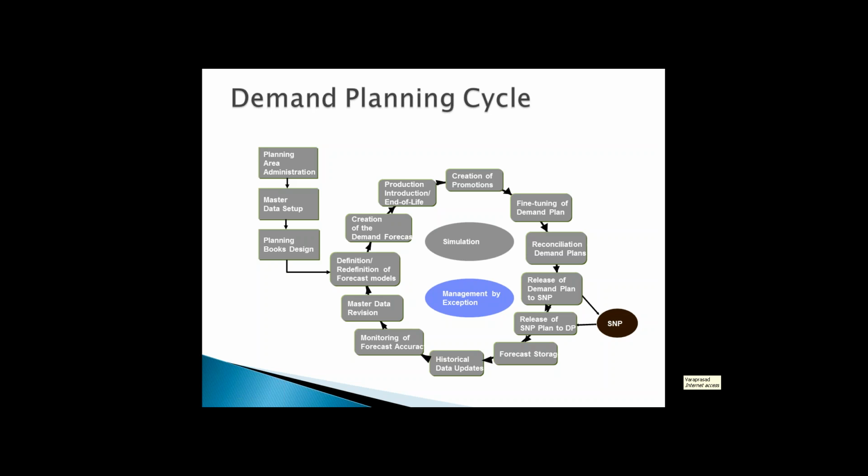Suppose I don't have SNP, then where will the output of DP go? Can anyone say? Hello? ECC. ECC. So as a demand, what is the terminology in ECC? The demand means what type of demand is that?